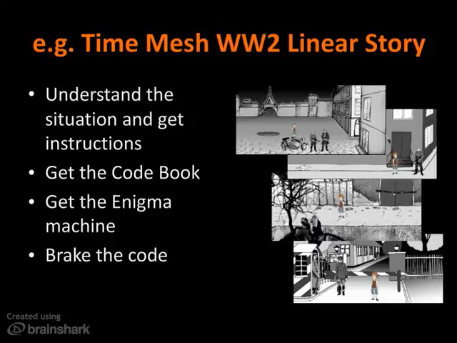The third act is the hold or body, which contains collecting the codebook and Enigma machine. And the final act is the payoff or climax with resolution that contains breaking the code.